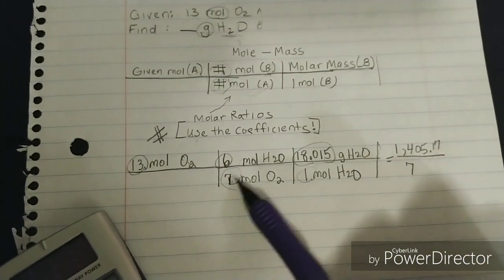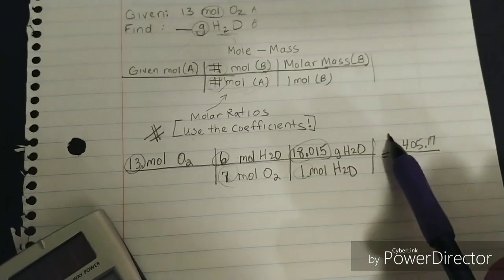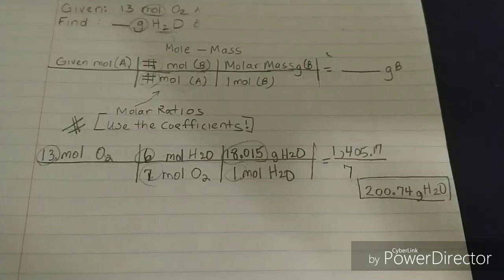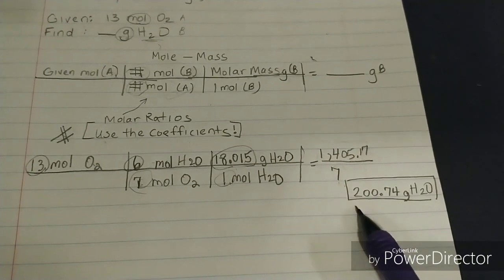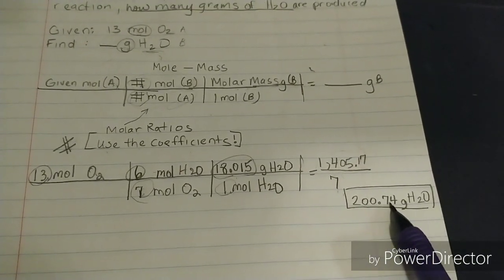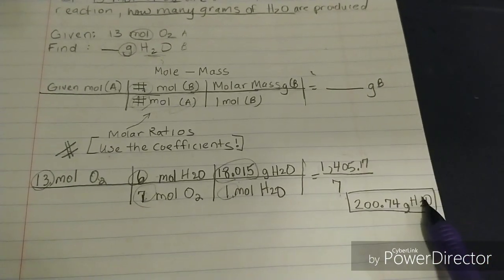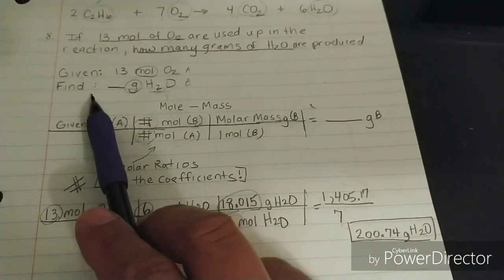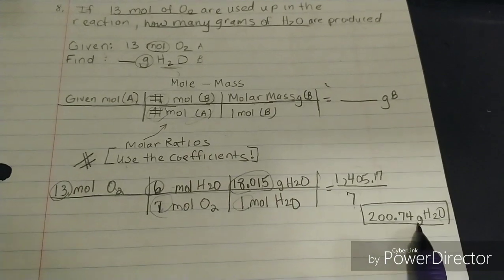Doing the math on the bottom, 7 times 1, we discover that it's 7. Now we take the top number and divide it by the bottom number. Once we divide the two, we get 200.74 grams of B, which is H2O, grams of H2O. And if you notice, what they were asking us to find is the grams of water, and that's exactly what we did.